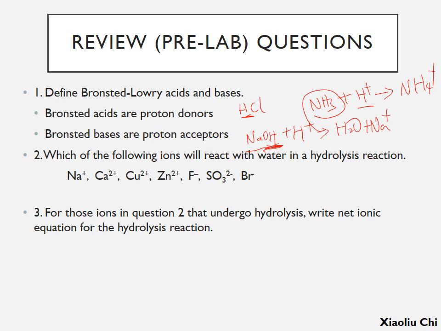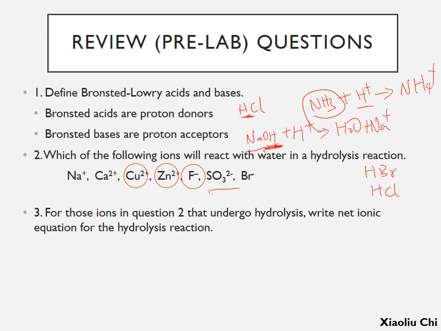But the copper ion comes from a weak base. Therefore, this will hydrolyze. Zinc ion comes from a weak base. This will hydrolyze. Fluoride comes from hydrogen fluoride. Even though hydrogen bromide and hydrogen chloride are strong acids, hydrogen fluoride is not a strong acid, and therefore fluoride will hydrolyze.